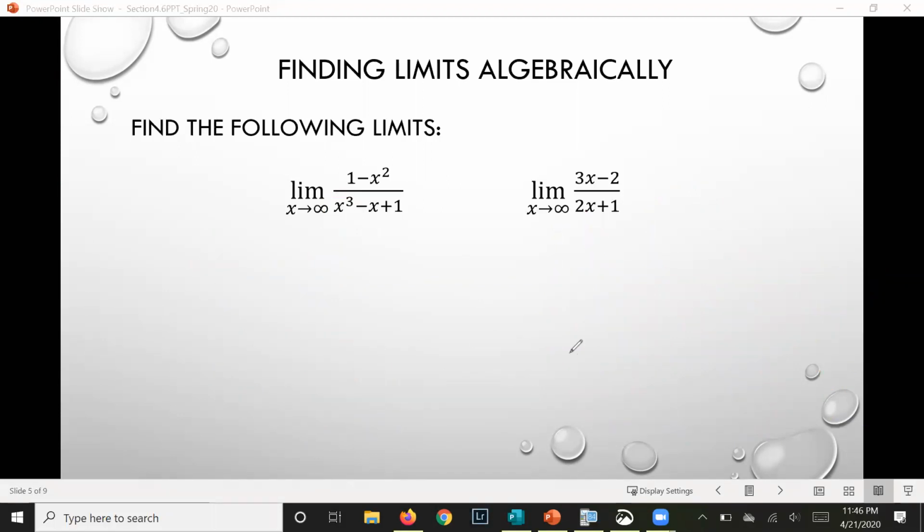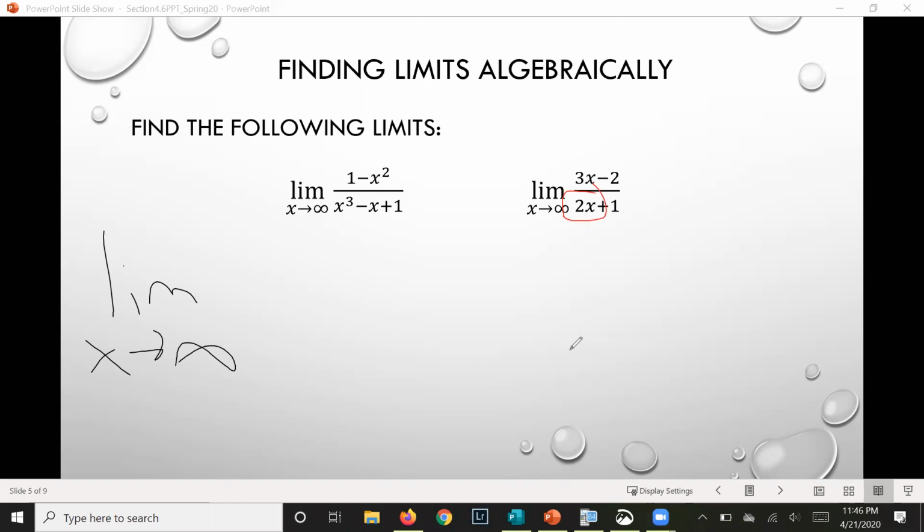Okay, I want to use a similar approach on the second one then. So we have the limit as x approaches infinity of 3x minus 2 over 2x plus 1. Again, I'm going to identify the term on the bottom that has the highest power of the variable, which in this case would be the 2x.